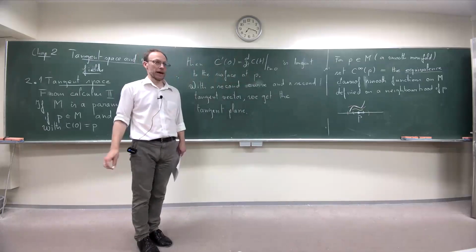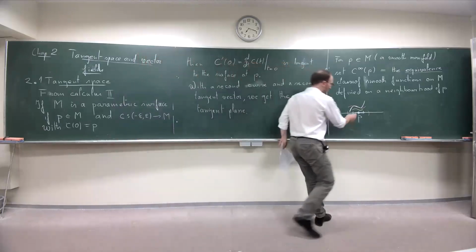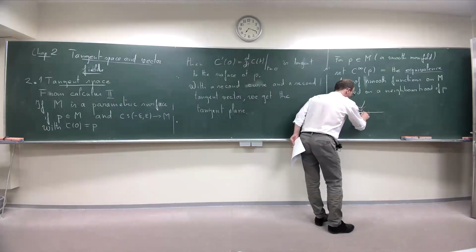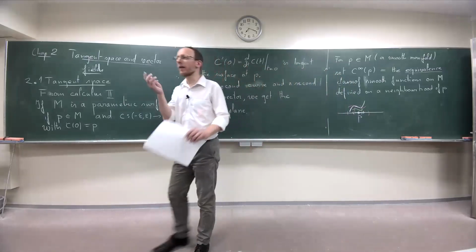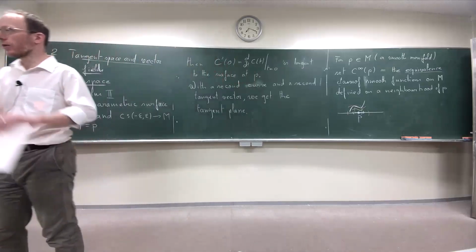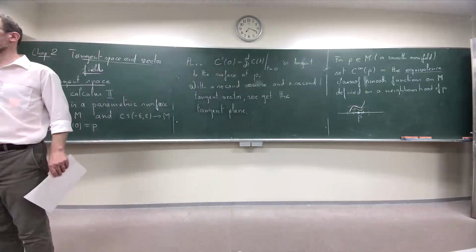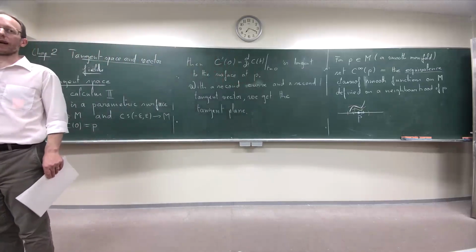Why can I identify them? Because on a certain neighborhood of P, they are equal. So as soon as two functions are equal on a small set containing P, I just say that they are equal.